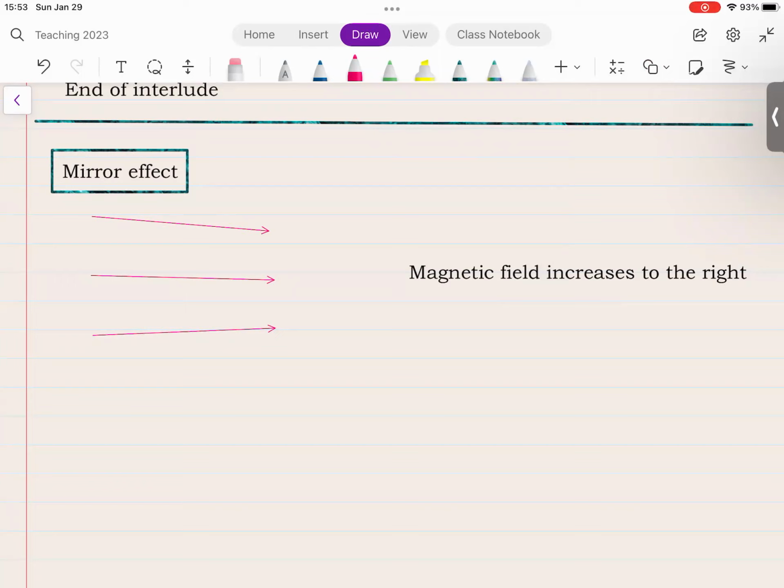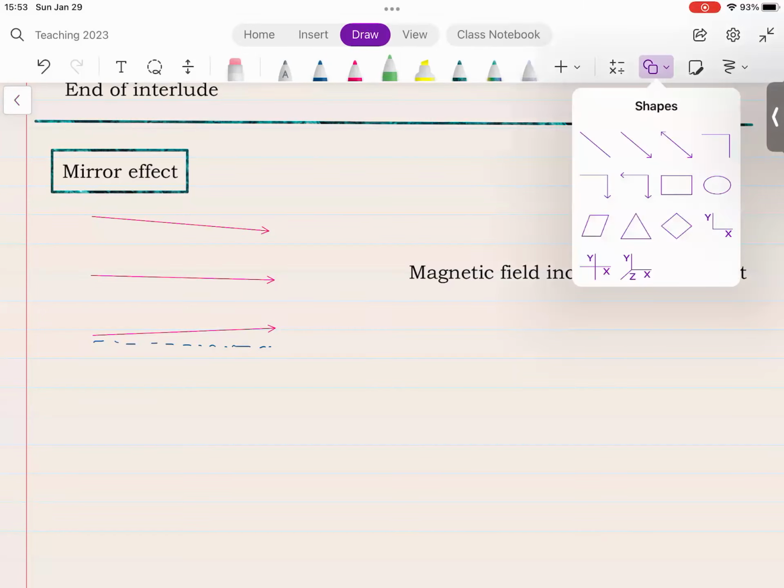If this is the horizontal direction, let's pretend that's the horizontal direction. There is going to be a component of the field that goes this way, maybe vertical up.